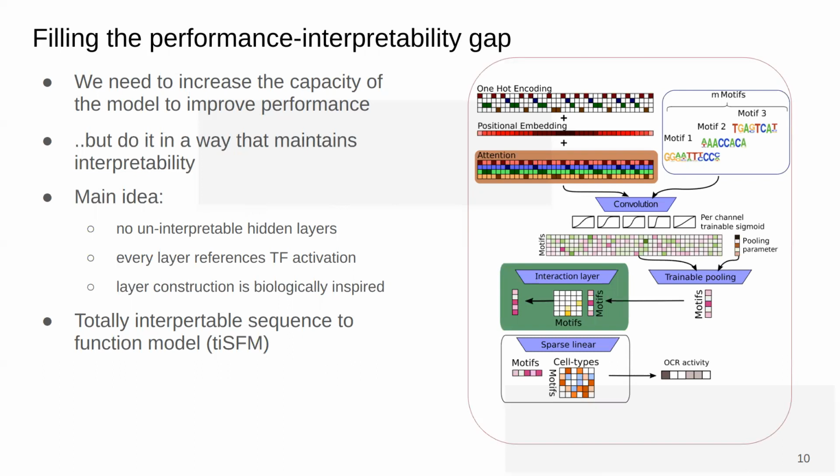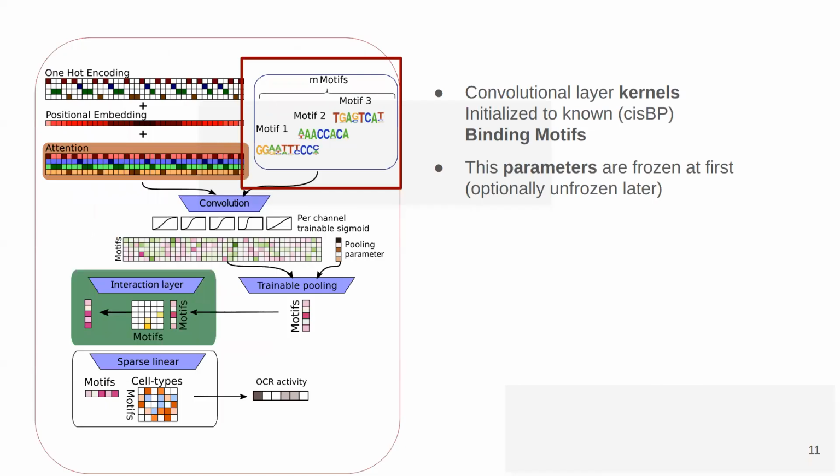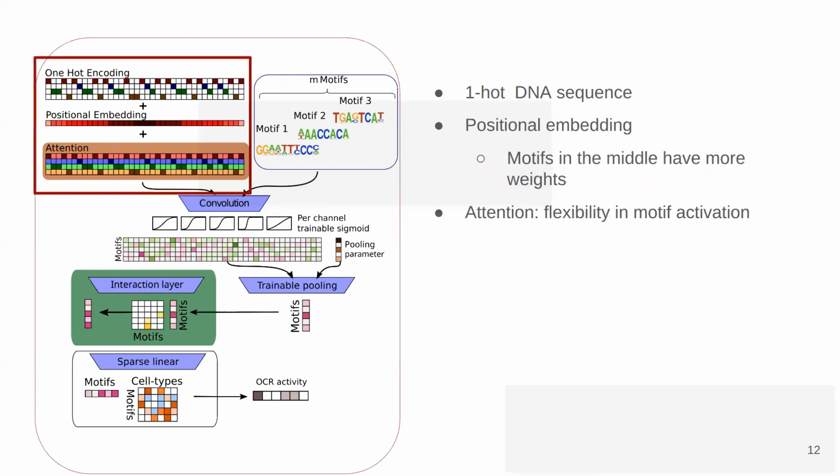Here's the model, and I'll take you through it step by step. One of the inputs to the model is a set of convolution layer kernels. We use CISBP for this. These parameters are initially frozen, but they can be optionally unfrozen later. The other input is the DNA sequence. Of course, it's one hot encoded and amended in a couple of ways.